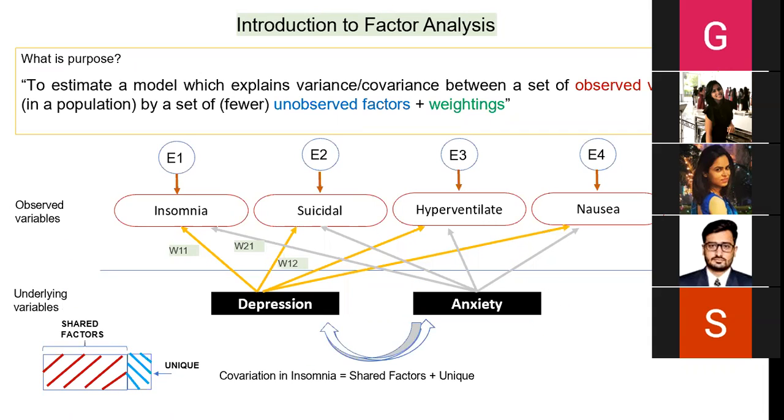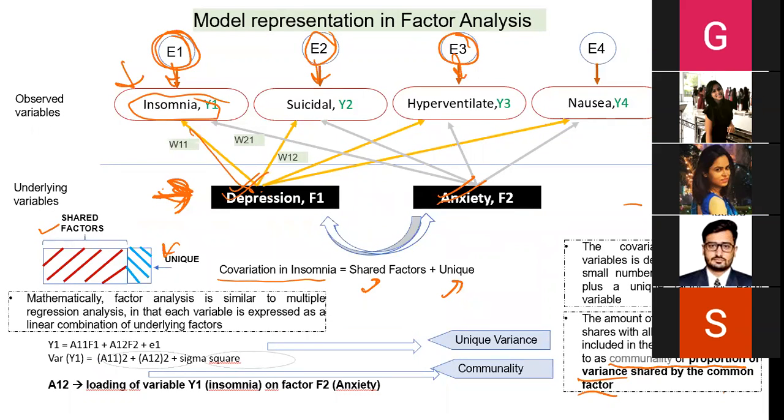What you have to remember is that there's something called a unique factor, which is unique to each variable. For example, insomnia itself is a unique factor, and there is something called a shared factor. So depression and anxiety are shared factors or common factors.